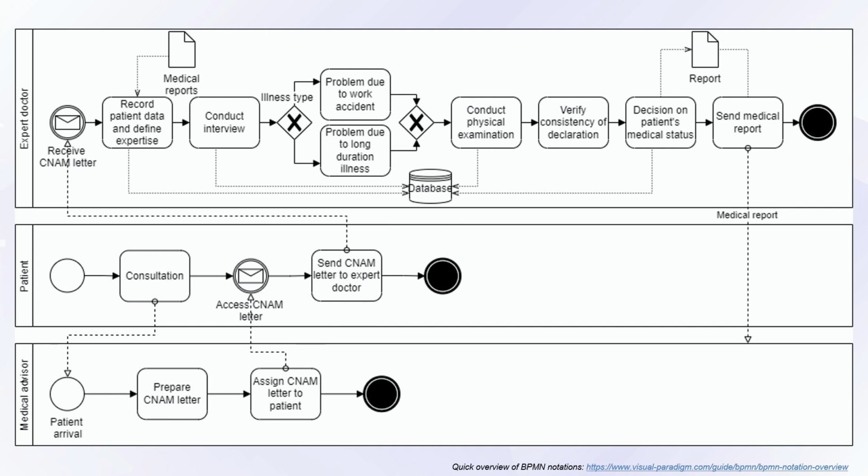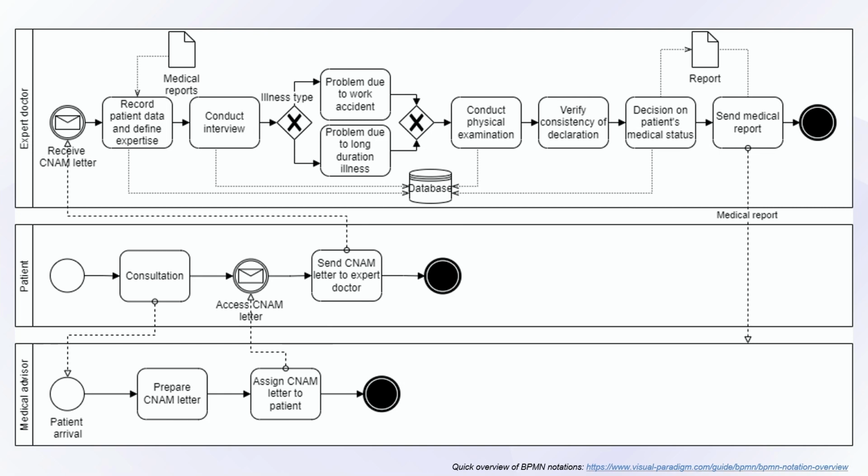During the physical examination, the expert doctor can check and verify the consistency of the claim. Then the expert doctor writes a conclusion based on the gathered data. For example, the patient details, the interview, and the physical examination outcomes. So, all this type of data he will gather and will write a conclusion based on that.